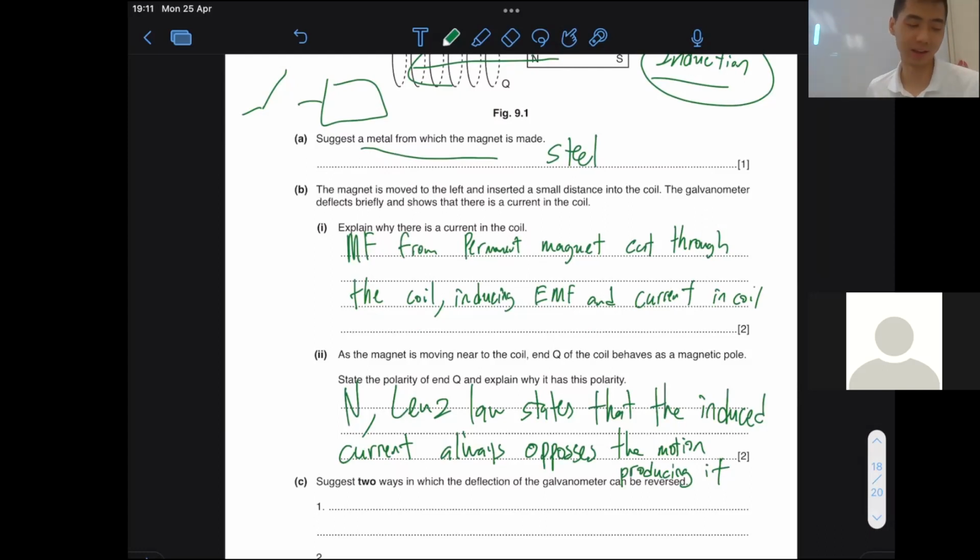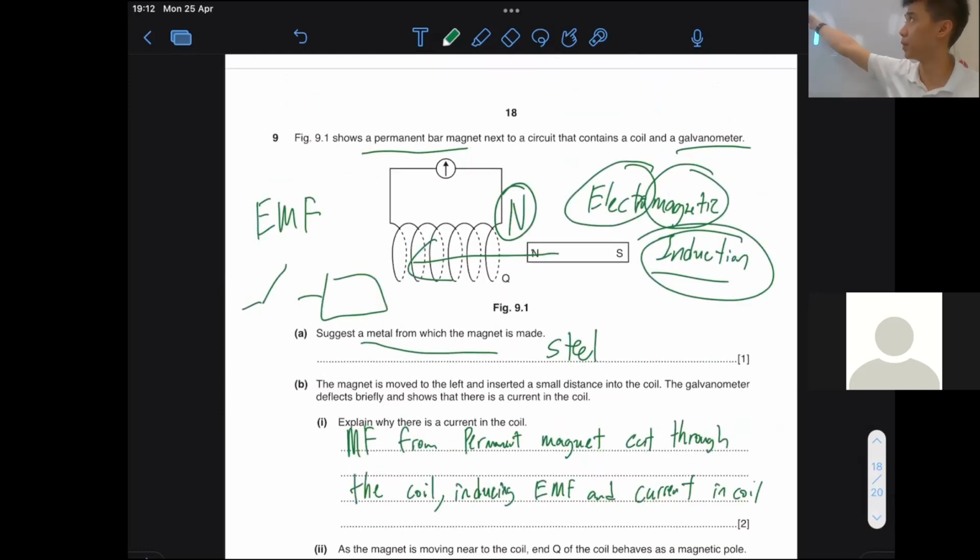I should have updated. Okay, let me explain this again now, guys. This statement, Lenz's law says that the induced current always opposes the motion producing it. What a lot of students think, which is wrong, is that because this thing is moving in like this, then it produces the north, then it produces the current, right? That is not correct, guys.